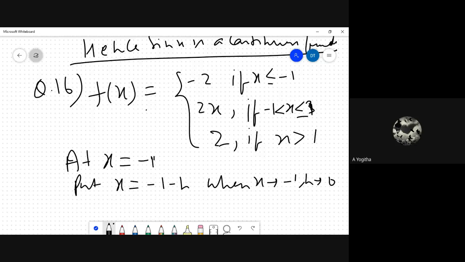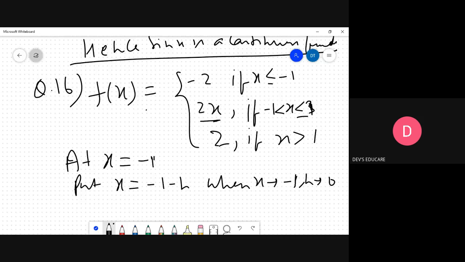Yes, that will be the RHL. For the LHL we just take minus 1 minus h, so then you get minus 2. If h is any positive number, it becomes minus 2, which is less than minus 1.